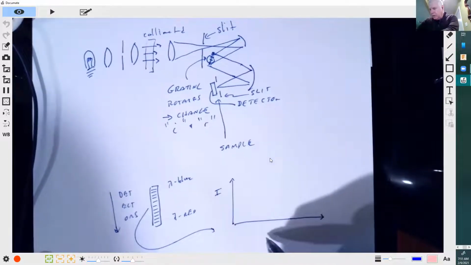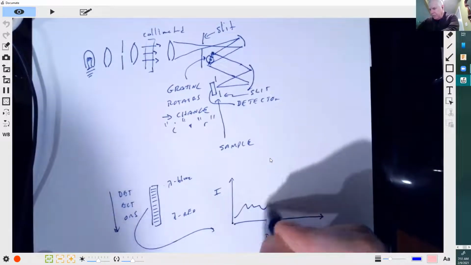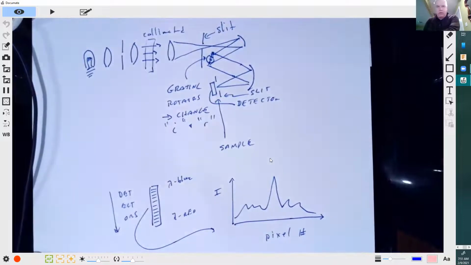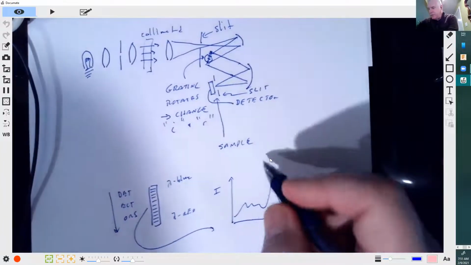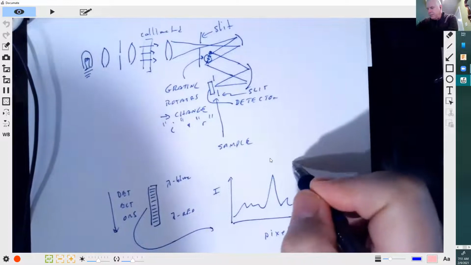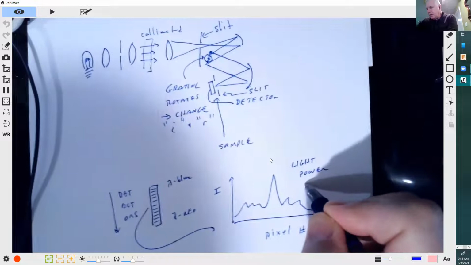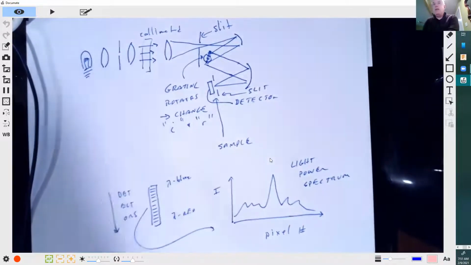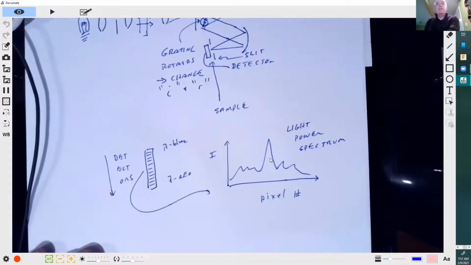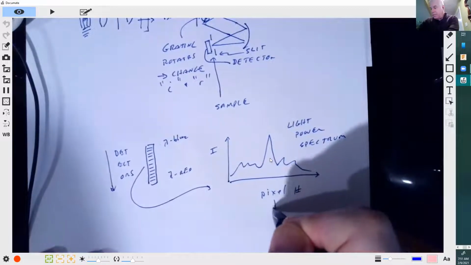You can plot the intensity versus the pixel number, and then you can see a sort of spectrum there. And this will be just like light power. Spectrum. And then you'll have to do some magic to convert it into power versus wavelength.